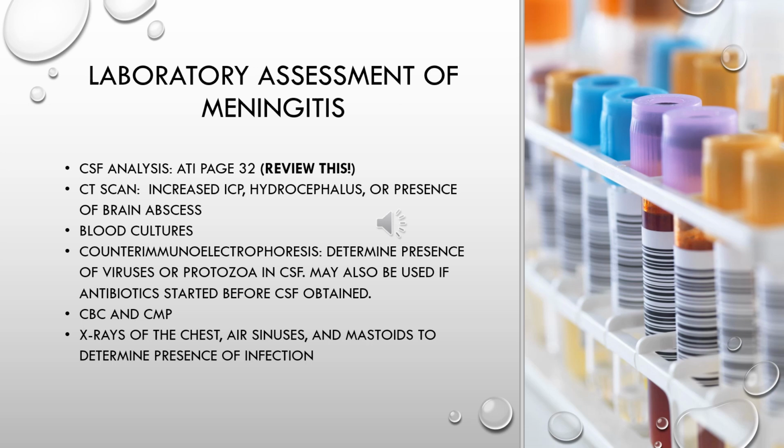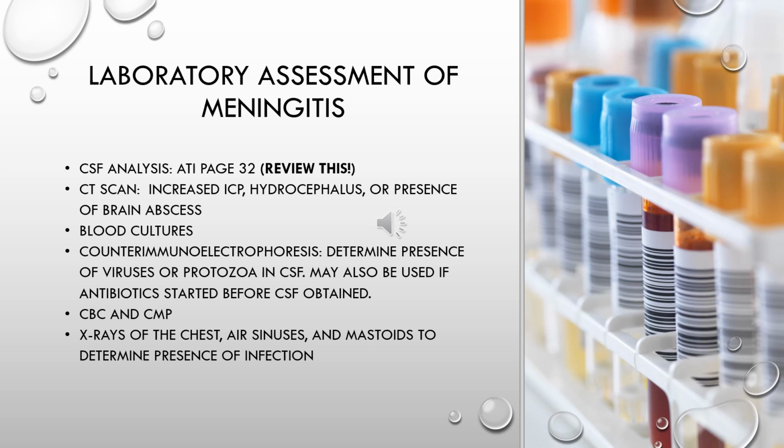Okay, so let's look at some of the laboratory and diagnostic assessment pieces that go into diagnosing meningitis. So of course you're going to look at the CSF, going to do CSF analysis of that cerebrospinal fluid. Your ATI book on page 32, I believe it is, does kind of review this.